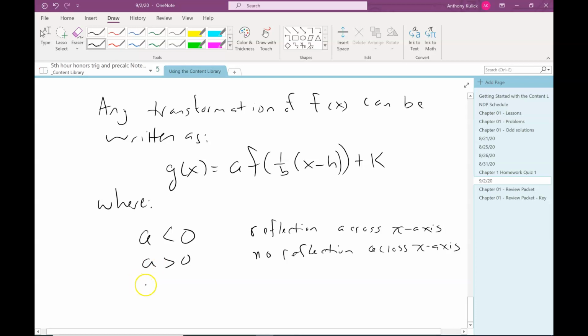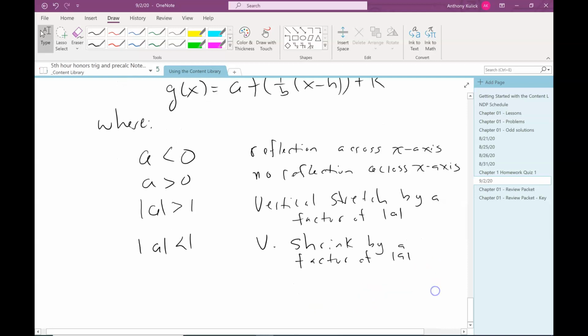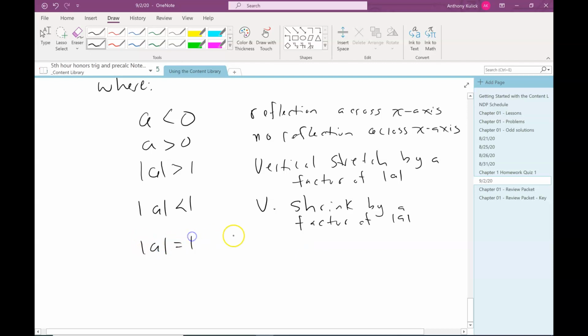The other thing that a controls, the magnitude of a has some effects. If the magnitude of a is greater than 1, we have a vertical stretch. That's a type of dilation by a factor of a. If a is less than 1, we'll have a vertical shrink by a factor of a. And if the absolute value is equal to 1, we have no vertical dilation.